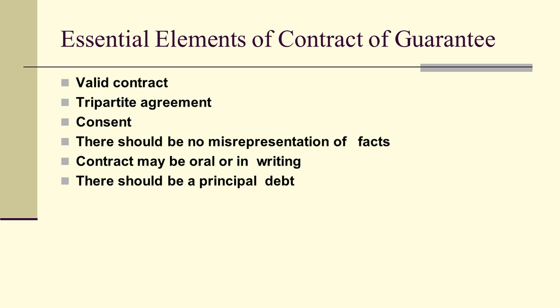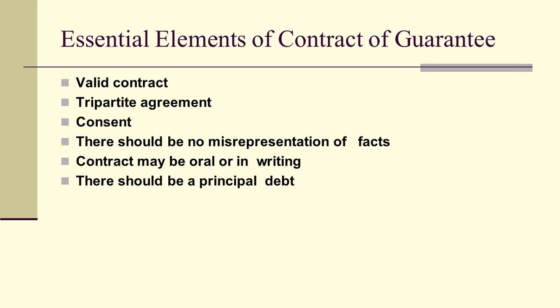So next is consent. Recall from the previous lectures, we also studied consent in the general contract. So there must be consent of all the parties in the contract. By coercion, by undue influence, we cannot make any type of contract. So there must be free consent of all the parties in the contract of guarantee as well. There should be no misrepresentation of facts.